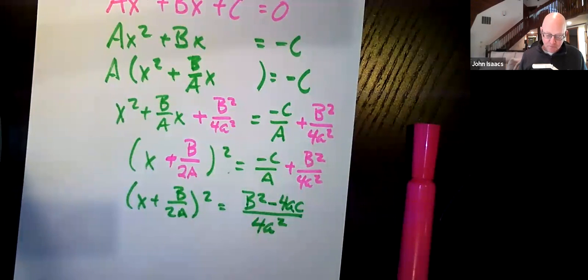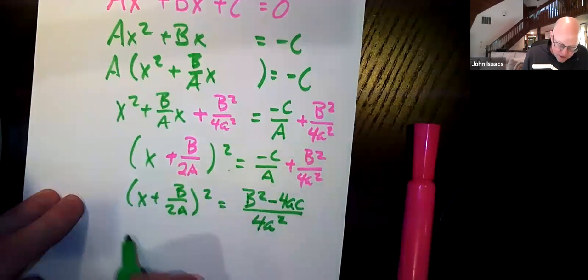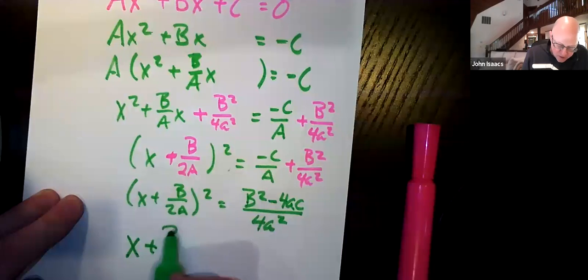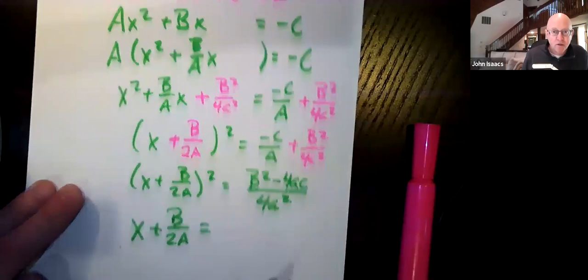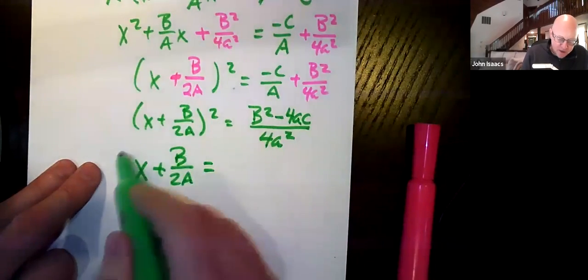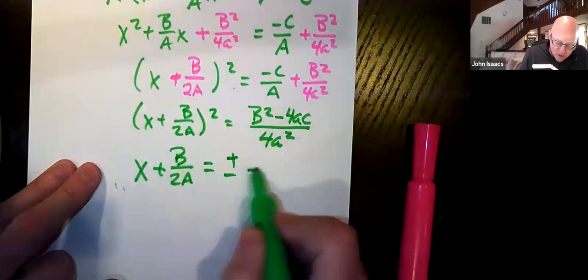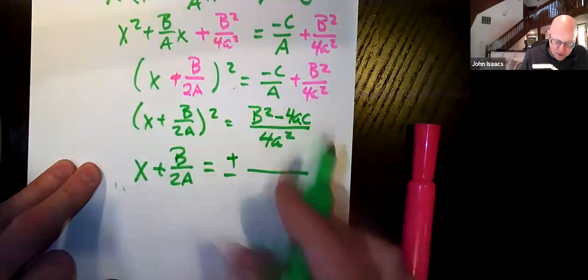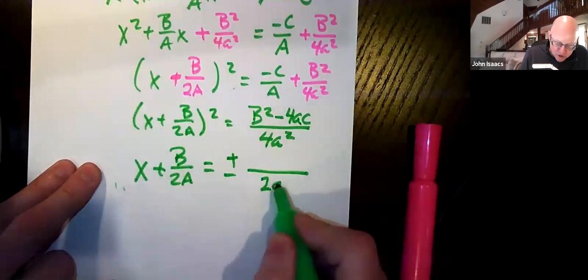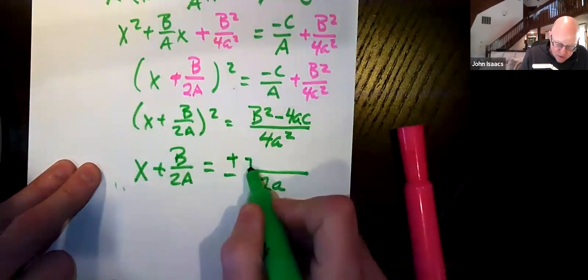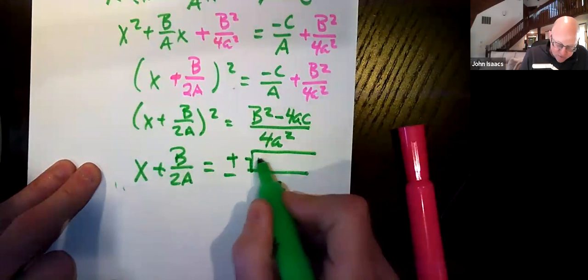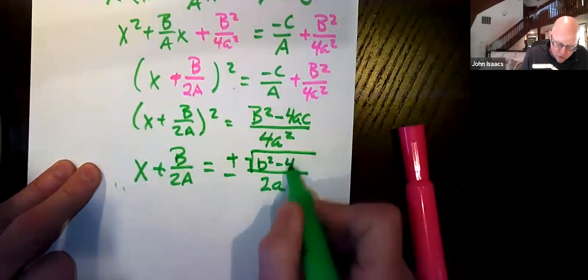That's going to leave an x plus b over 2a here. Now, remember, you always have a plus or minus over here, because basically we had absolute values. So we had an absolute value here, but I'm just going to go with plus or minus. Now, this bottom is going to take a square root really nicely. That's just 2a. But the top is not so good, so we're just going to leave that as b squared minus 4ac.